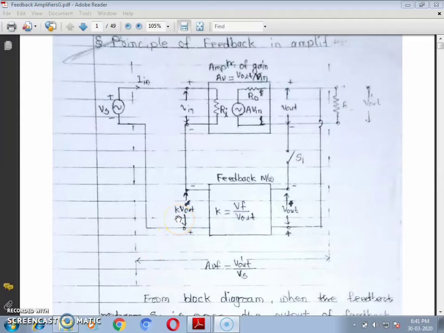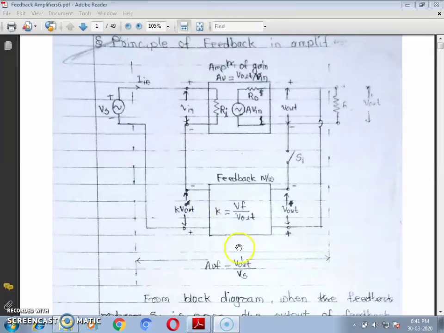Let's now concentrate on the basic principle of the feedback amplifier. Firstly, we have to define a number of parameters. So this one is the basic amplifier. Some part or a fraction of output is taken from the basic amplifier and is given to the input of the basic amplifier.